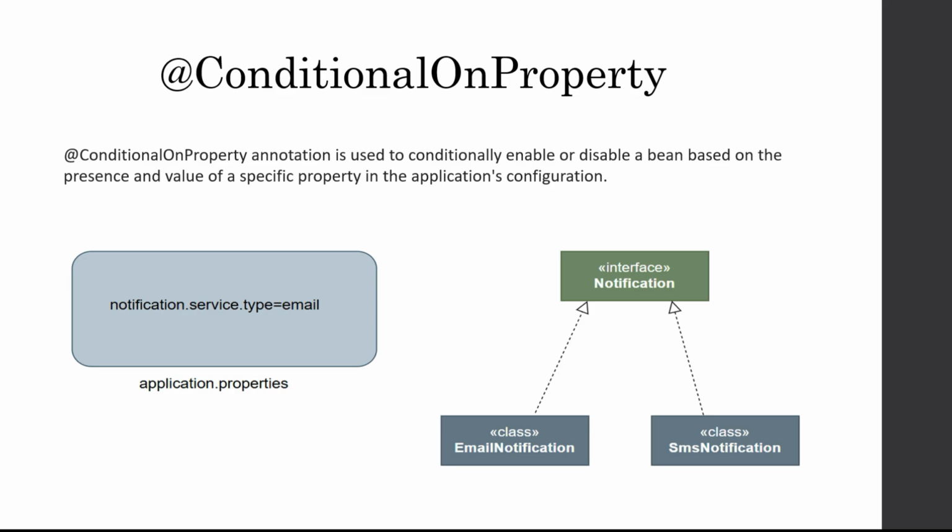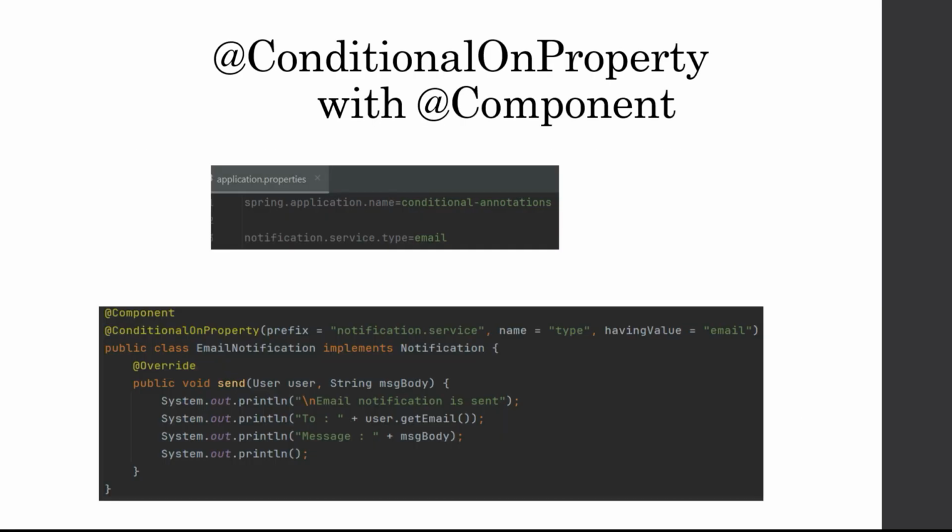If that value matches, the bean would be created. If that value does not match, the bean would not be created. The conditional on property annotation can be used with the component annotation.